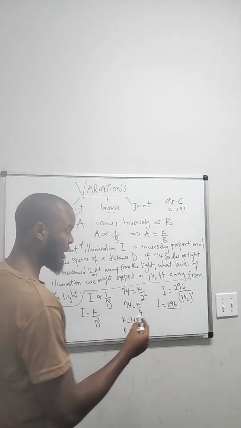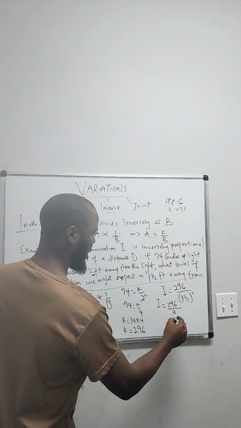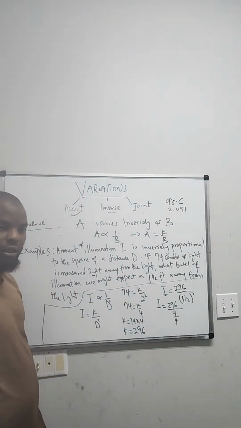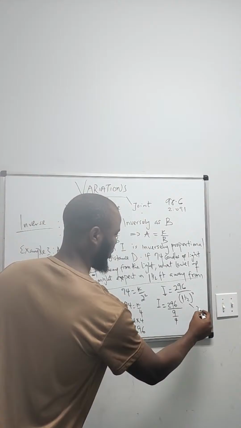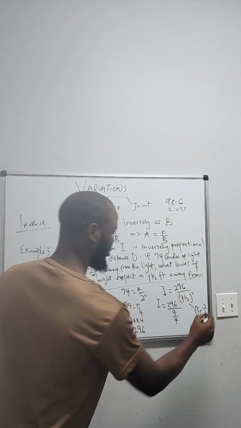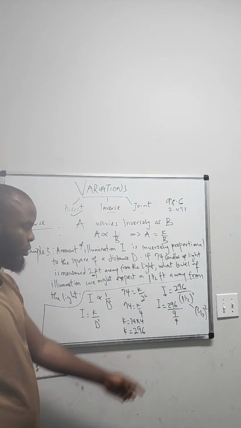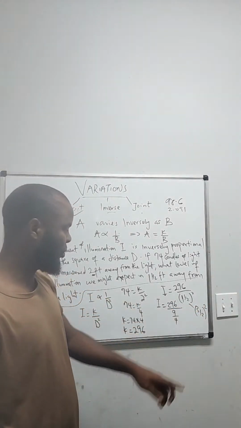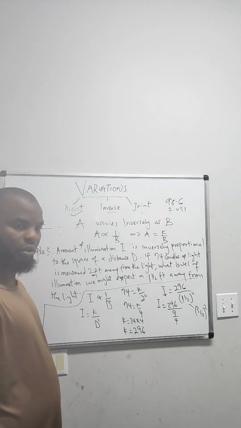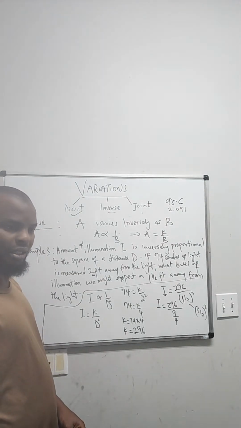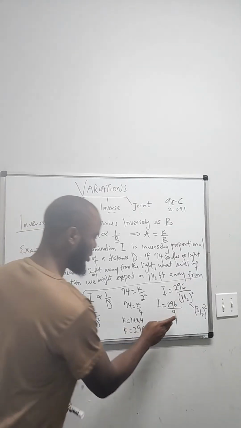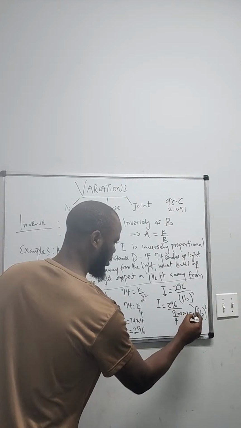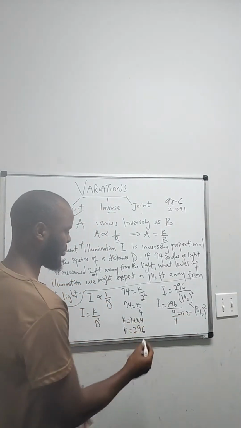And 3 over 2 squared is 9 over 4, because this is 3 over 2 all squared. This is equivalent to 2.25, it's the same thing.